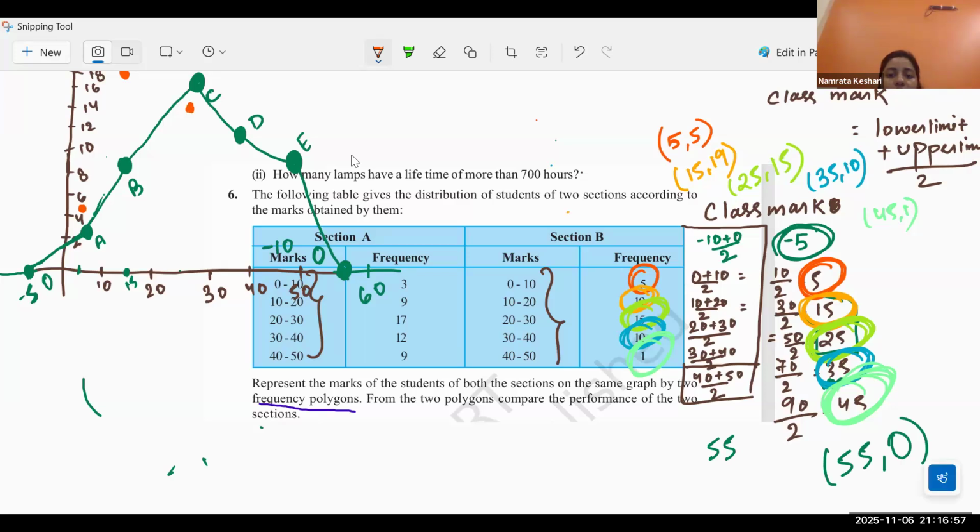Next one 35 comma 10. Next one 45 comma 1. I'll be connecting all the orange color dots.